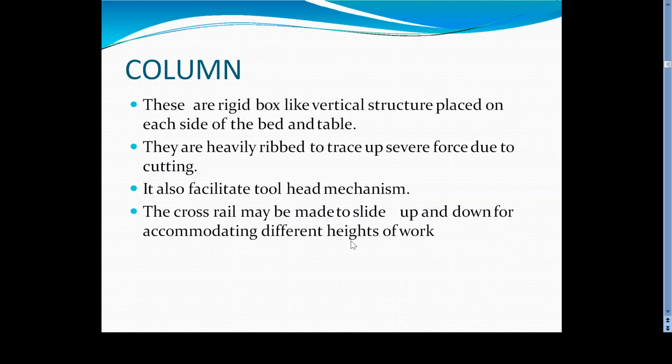It also facilitates the tool head mechanism in the housing. That means the movement of the tool head in two different directions, the vertical direction and the horizontal direction. And the cross rail can move up and down on this column.